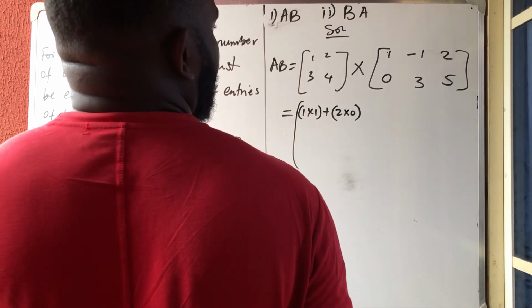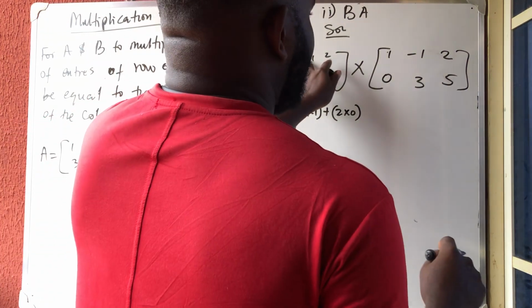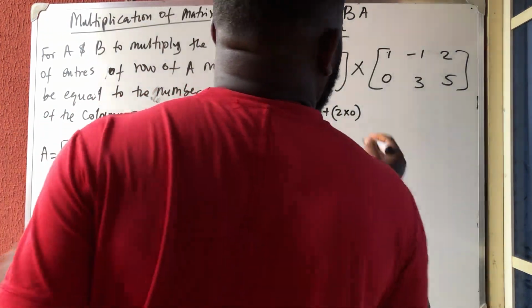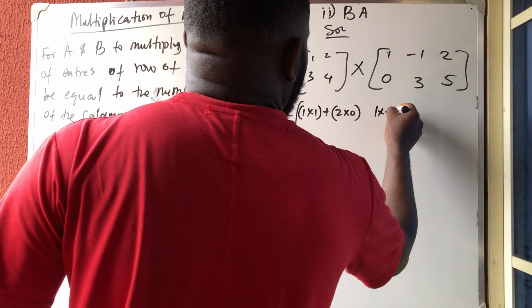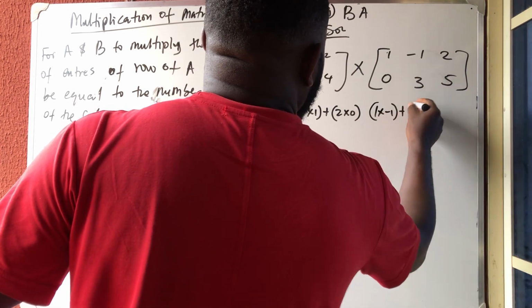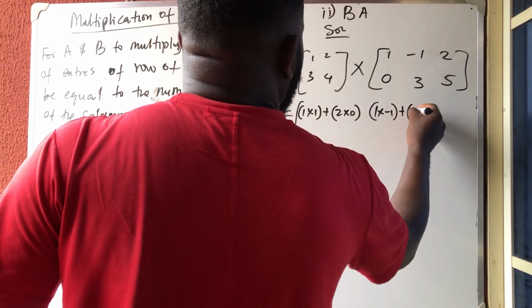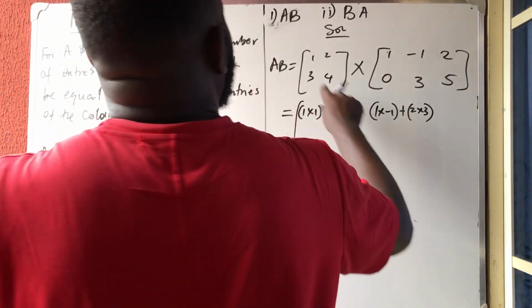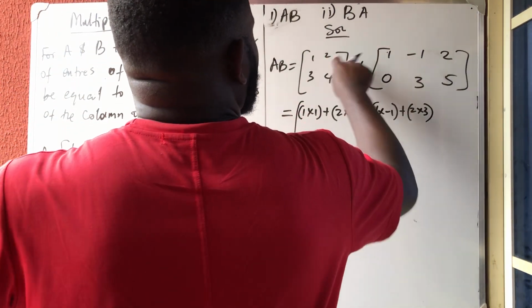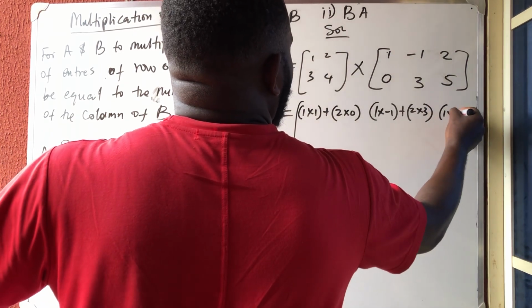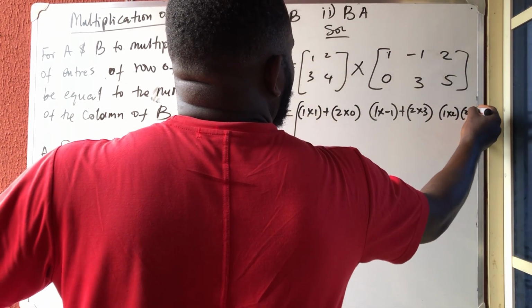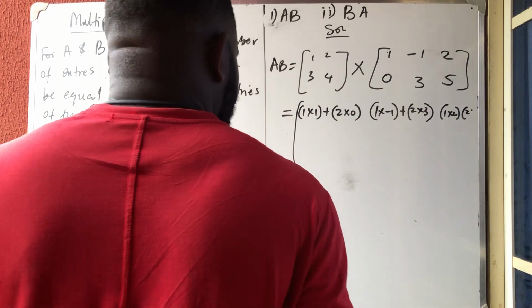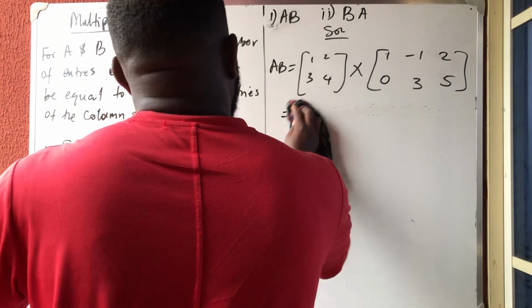The same thing will happen here again: the row again comes and meets this side, I'm going to have 1 times minus 1 plus 2 times 3. The same thing on the other side, 1 times 2 and 2 times 5. Because of space, let me do it straight.